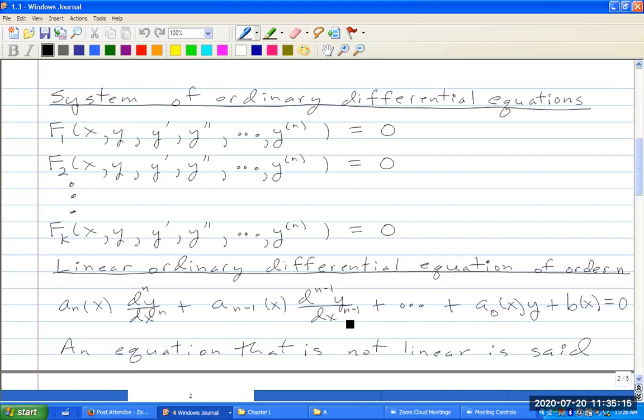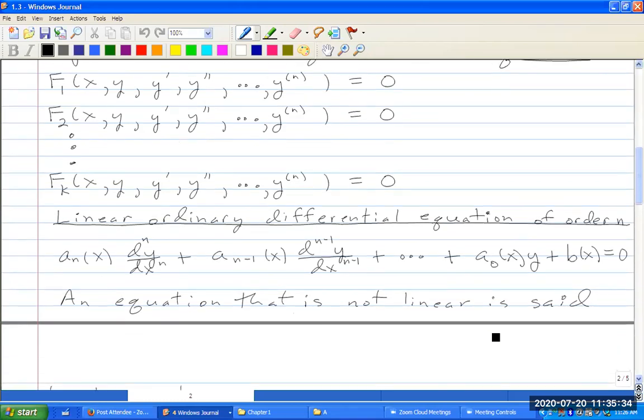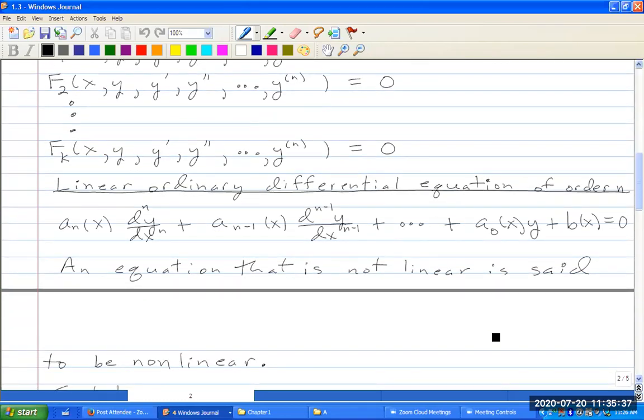So this is an example of a linear ordinary differential equation of order n, an nth order linear ODE. An equation that is not linear is said to be nonlinear.